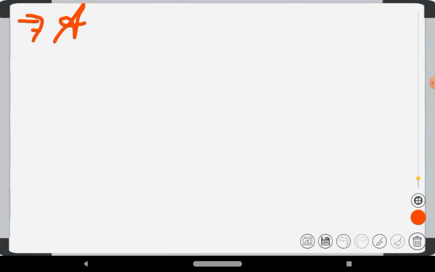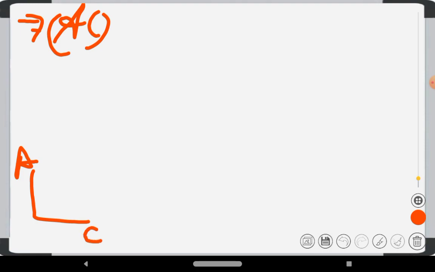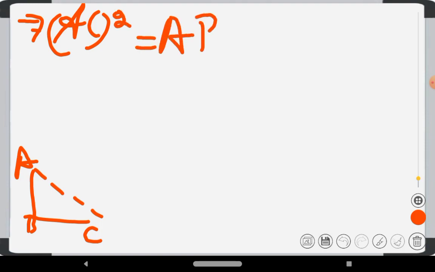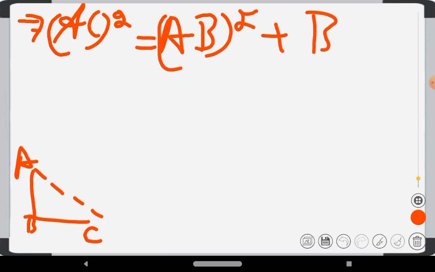First we will write AC square. AC square means we have to go from A to C, but there is a point B, so we can go directly like that, and this direct path is AC. So AC square is equal to AB square plus BC square.